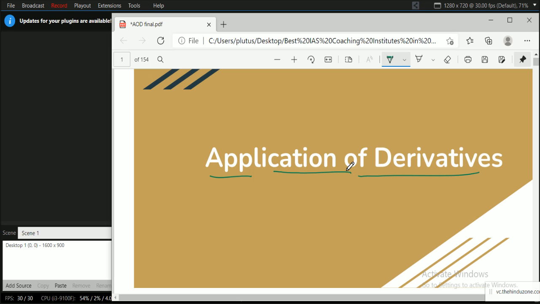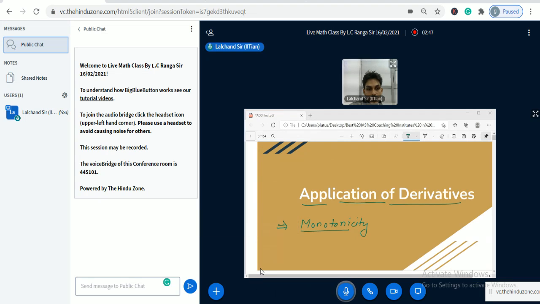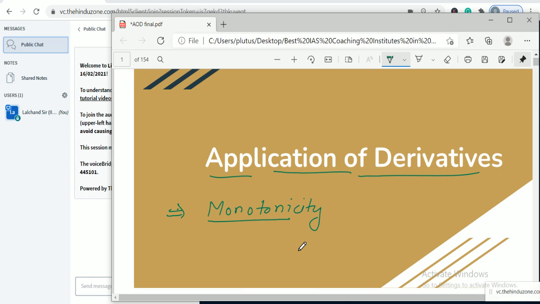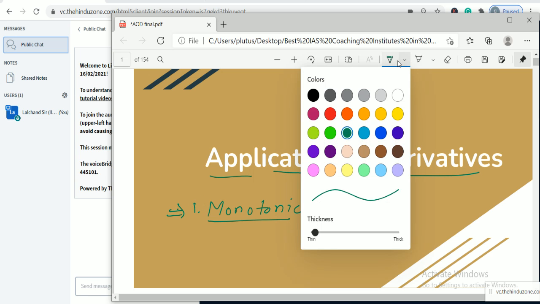In last class we have discussed monotonicity, that means increasing and decreasing part of a function.